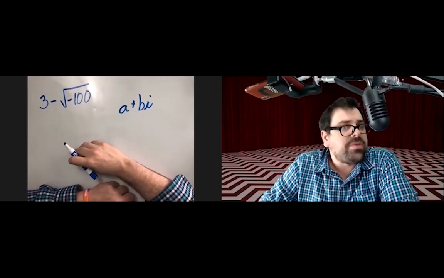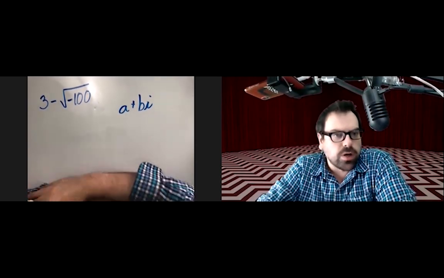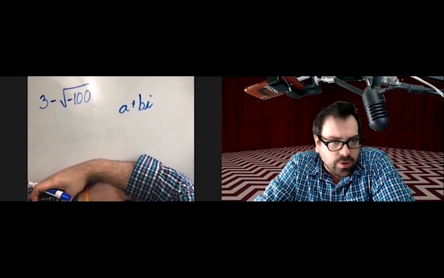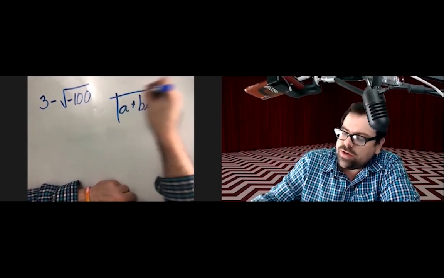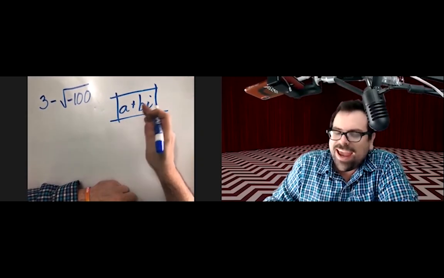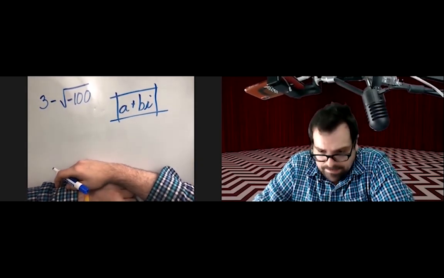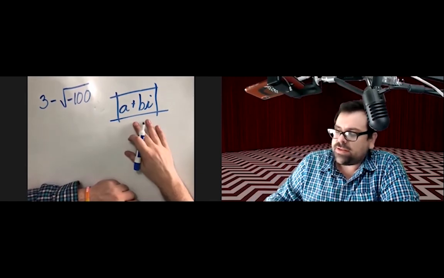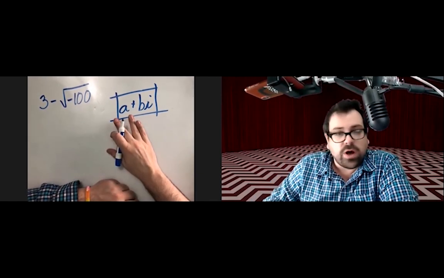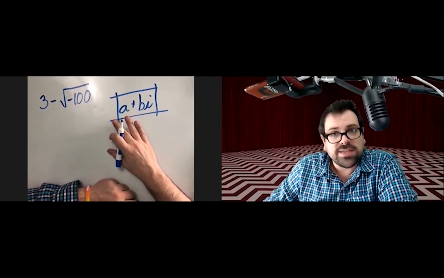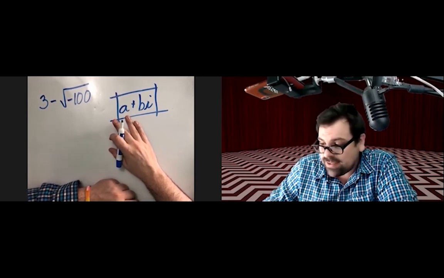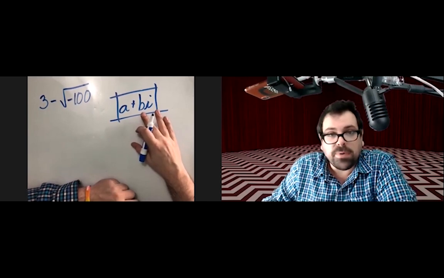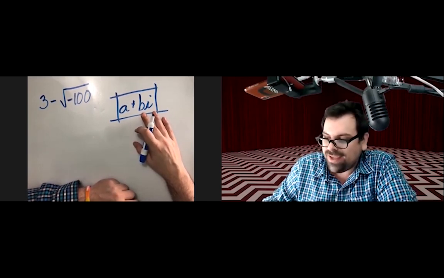Now, when we have something that involves the square root of a negative or an imaginary number in any way, we want to make sure our answer is written in the form a plus bi. That means two distinct parts. One term does not have any i in it. The other is the part that does have the i.